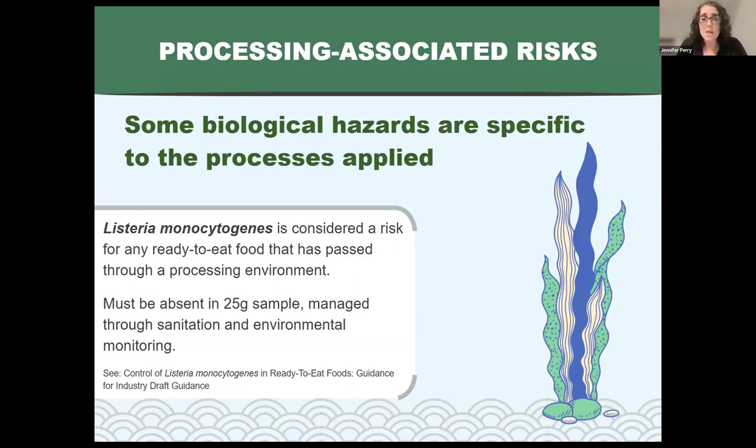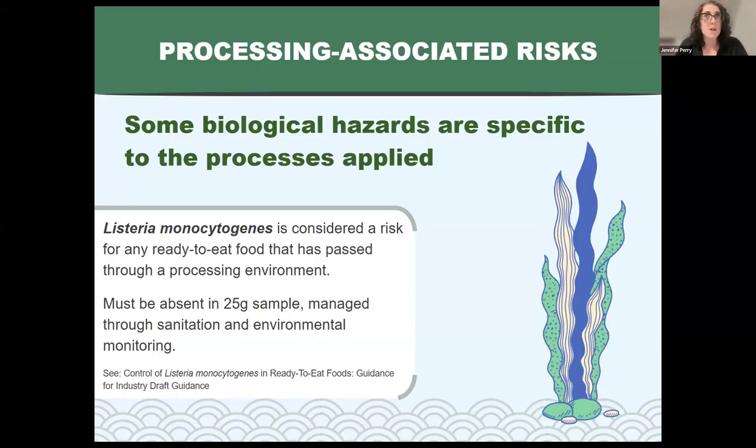Most commonly, this is addressed through environmental sampling programs, taking samples of surfaces and processing environments through different zones 1 through 4. There is a lot of information about establishing an environmental surveillance program in the FDA's draft guidance on Listeria monocytogenes.